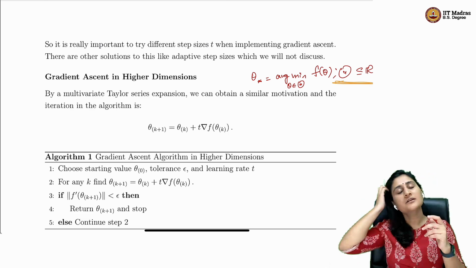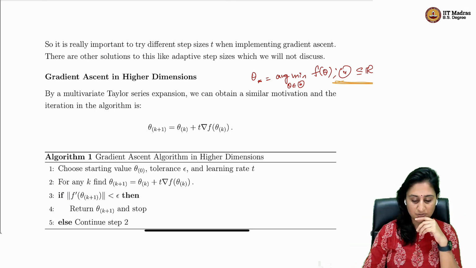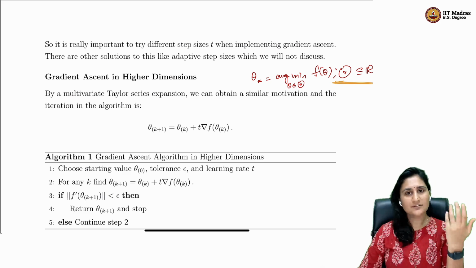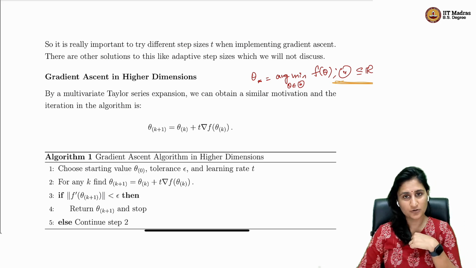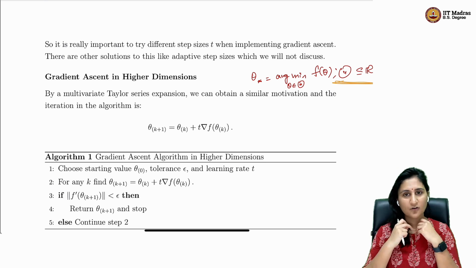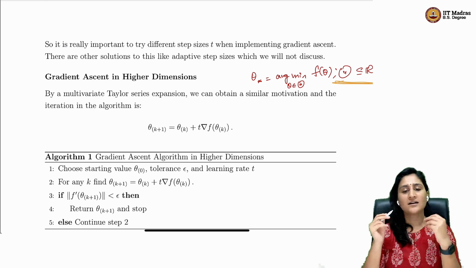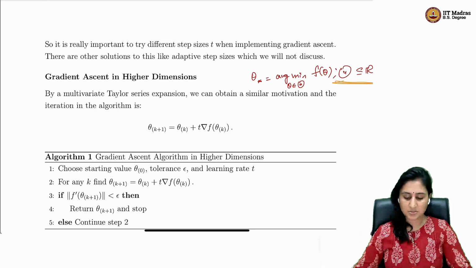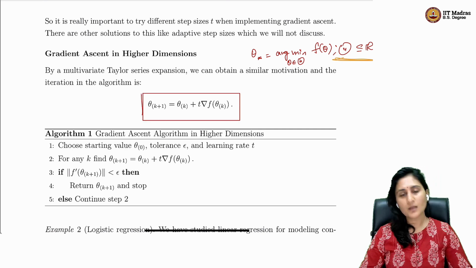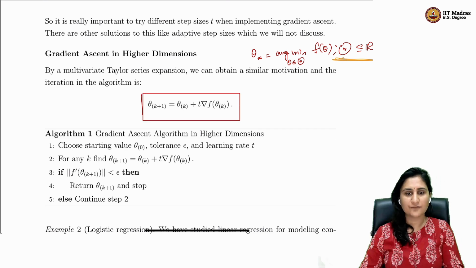If we do a similar multivariate Taylor series expansion, and we've gone through the Taylor series expansion in previous lectures, of the second order and then replace the Hessian with a concave Hessian, a Hessian that's constant and concave, which is in fact a diagonal matrix, then we're going to see exactly the same sort of iteration update, which is what I write down here. So theta k plus 1 is equal to theta k plus t times gradient of f at theta k.